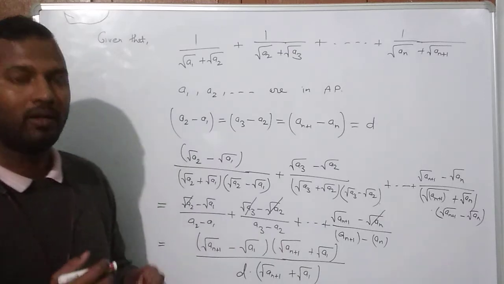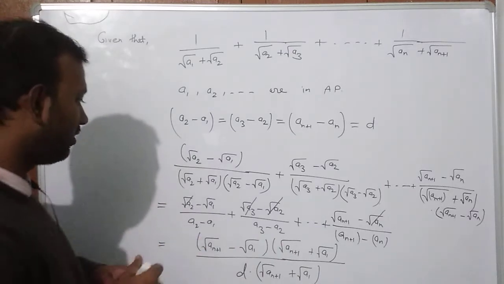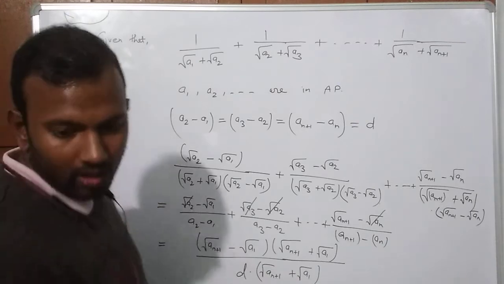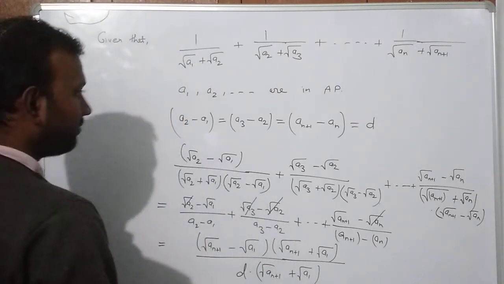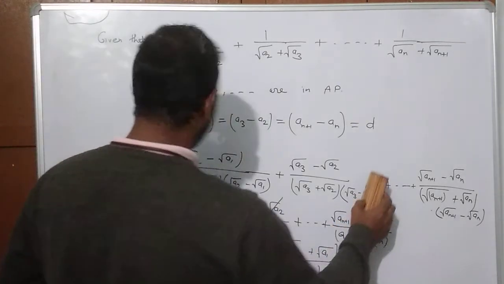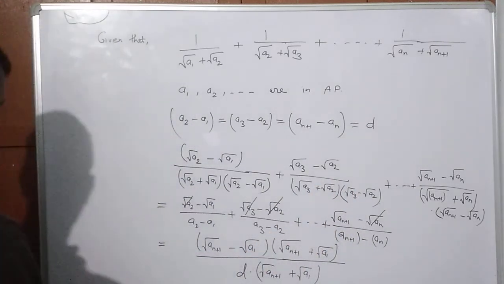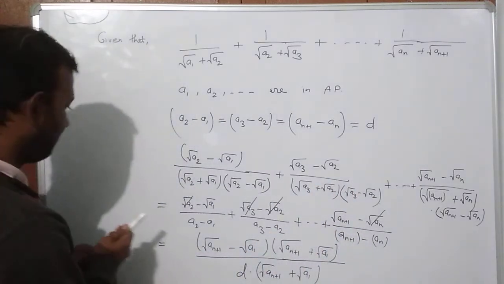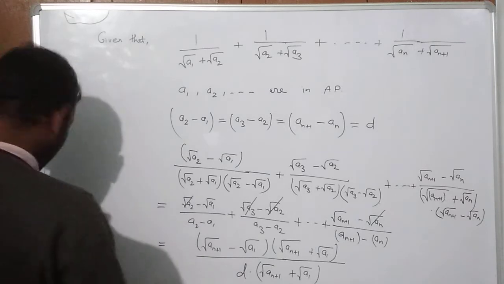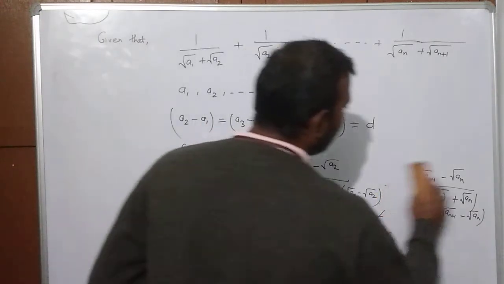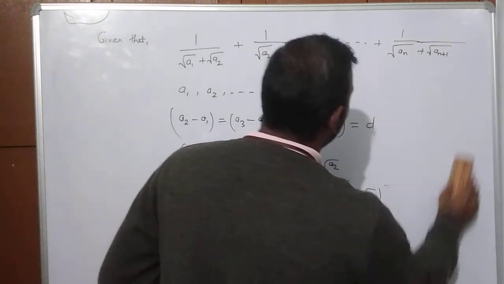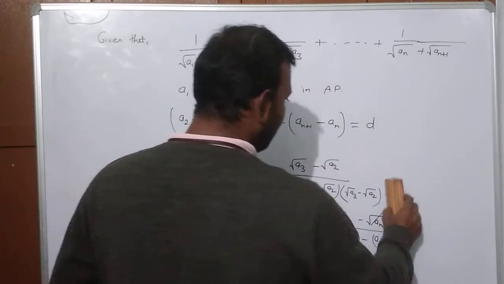Alright. So here in the numerator, I'll just erase this portion. I can solve here also, just erasing this, and we'll solve in this section.